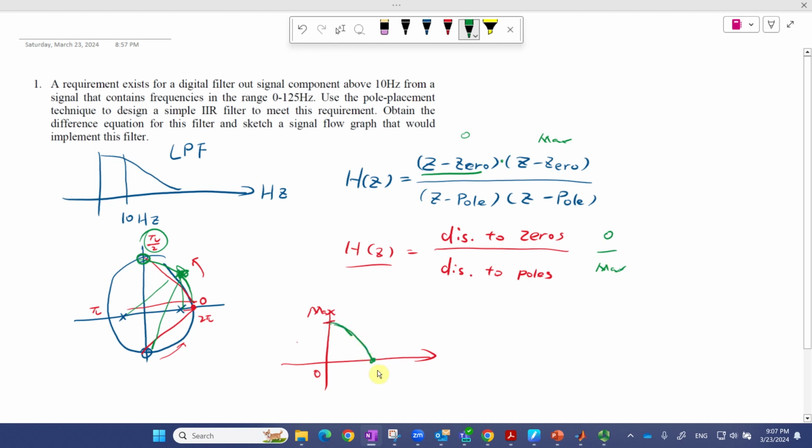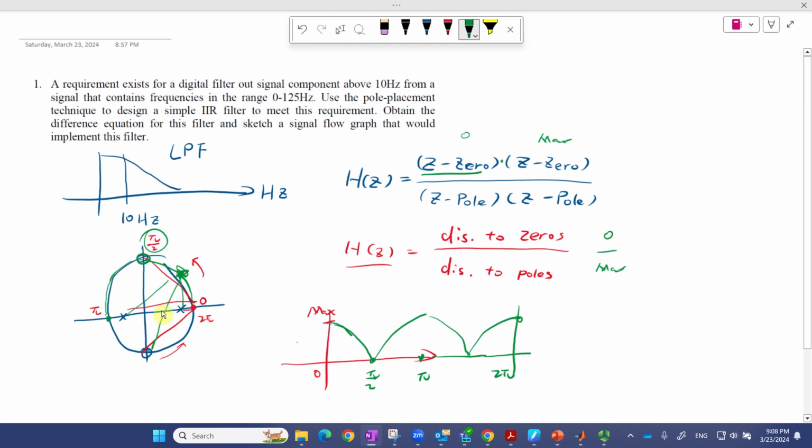So when we reach half pi, we get 0. If you keep going this way, you will reach the max again at pi, and if you keep going to 2 pi, you reach a maximum again.